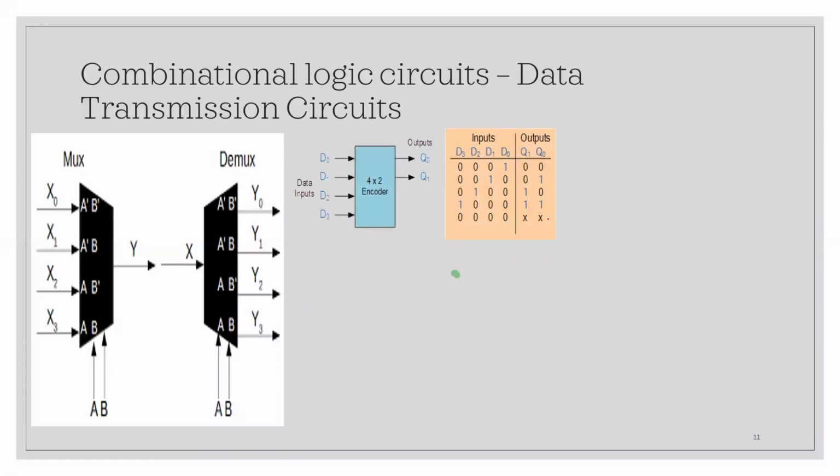So now coming down to the encoders. Is this a priority encoder or non-priority? Can anyone tell me? Priority, non-priority?